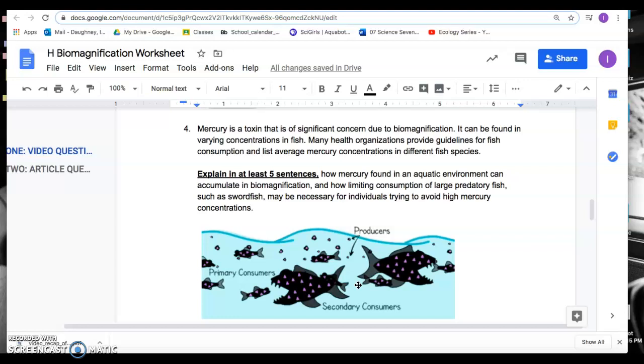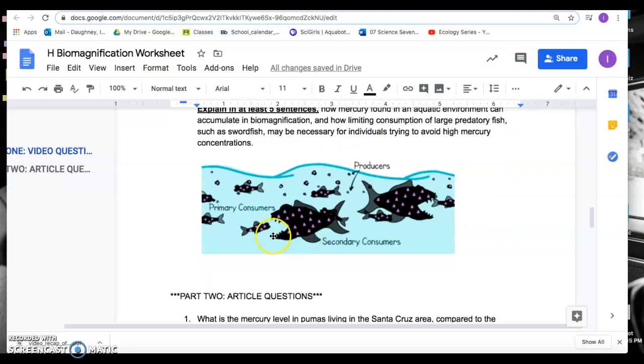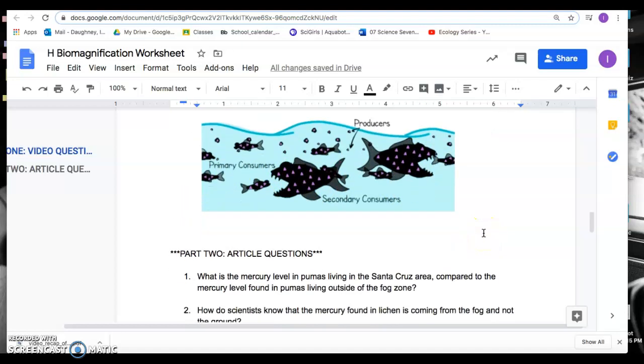There was a case in Japan that happened some years back and things like that. So this is important for us to be able to understand how this actually affects us and how humans actually caused this issue. So it's unfortunate, but we want to make sure that we understand that it does happen and how it affects us and why, okay? So you want to be able to walk through that. So they briefly talk about that in the video.